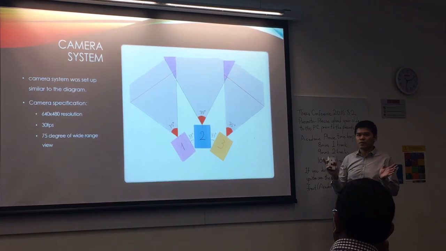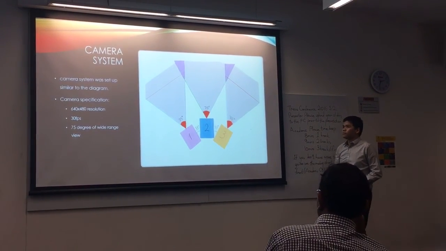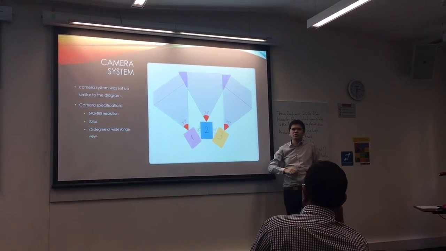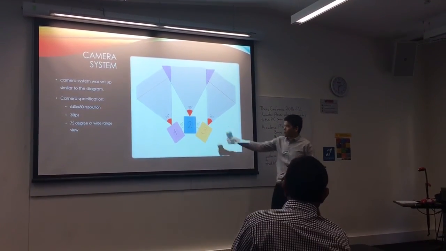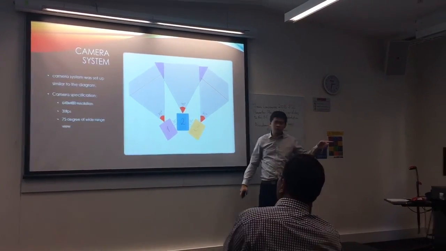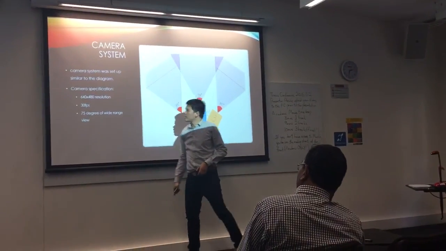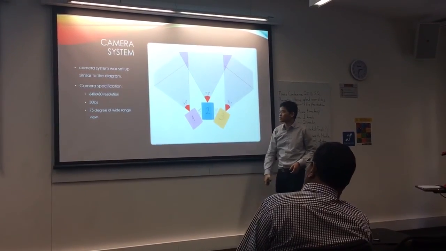We need an overlap region between the cameras because of the techniques of finding and matching features, which I will introduce in the next couple of slides. The camera I use here is a Microsoft camera that can capture 640 by 480 resolution at 30 frames per second.